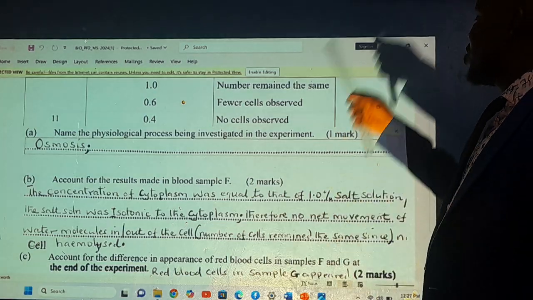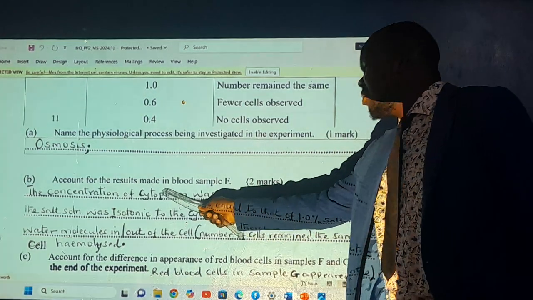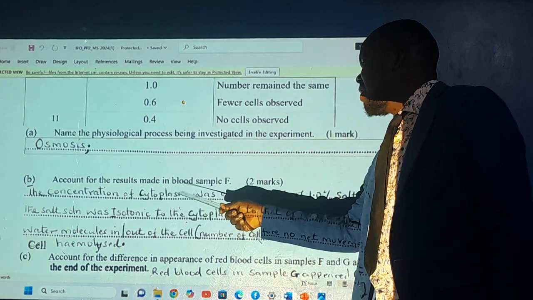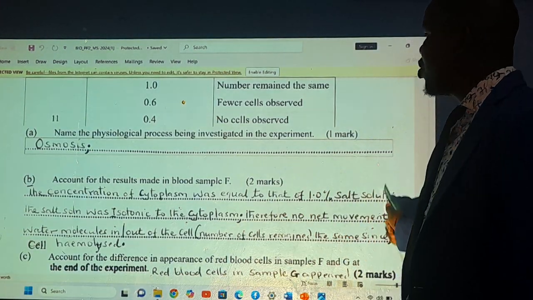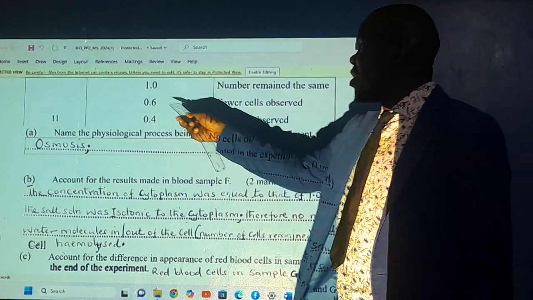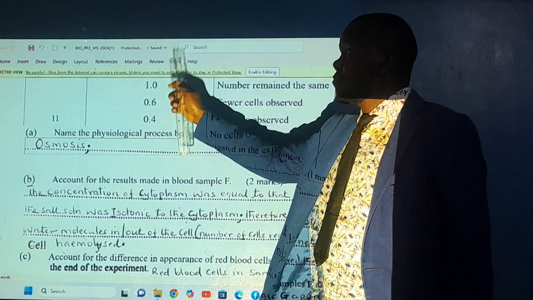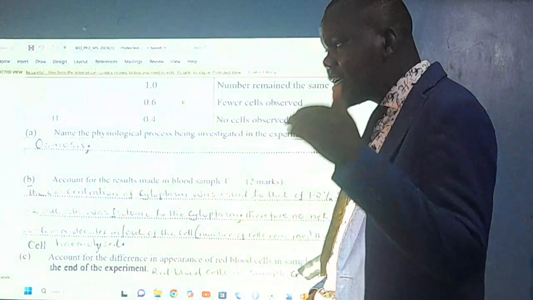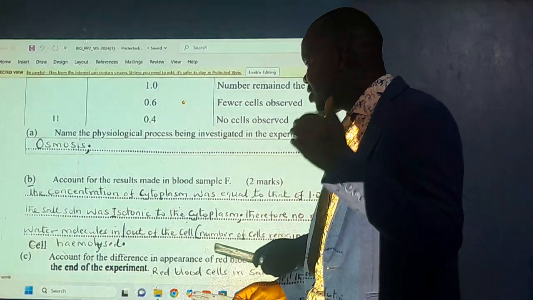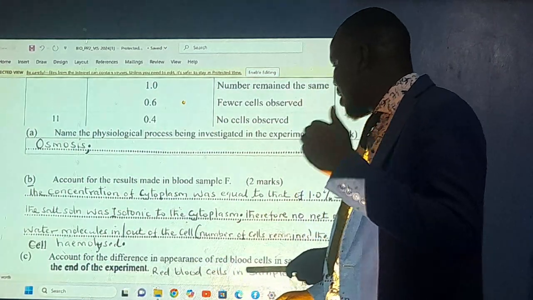So it means the concentration of the red blood cell cytoplasm was equal to that 1.0 salt solution. So it means it's isotonic. The 1.0 percent salt solution is isotonic to the red blood cell cytoplasm. You get your first mark.